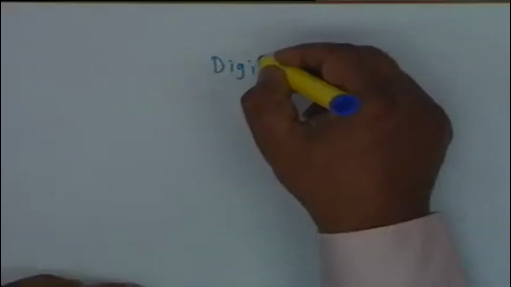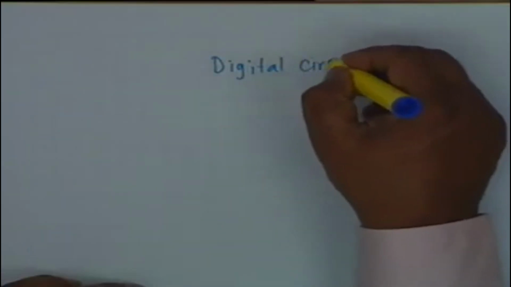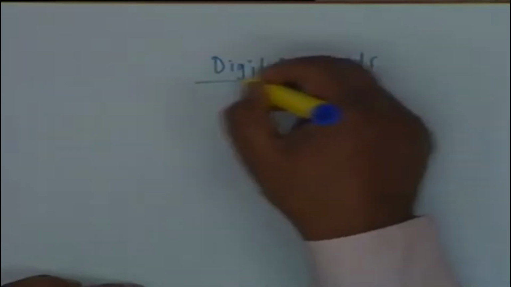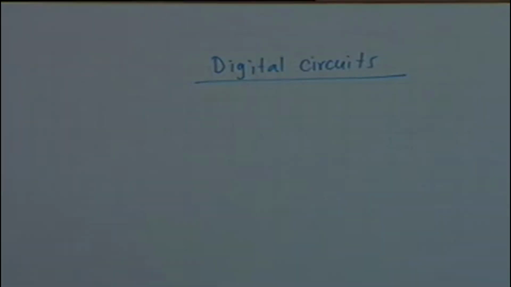We shall have a brief glimpse at digital circuits in the few minutes that is left today, and in the last 2 lectures on Friday. Digital circuits. As you know, digital circuits are the most important circuits today.